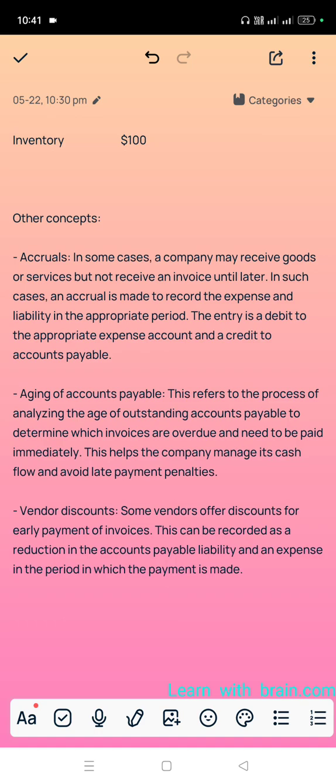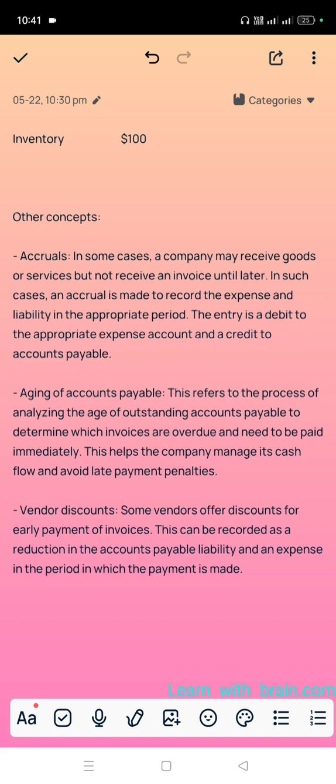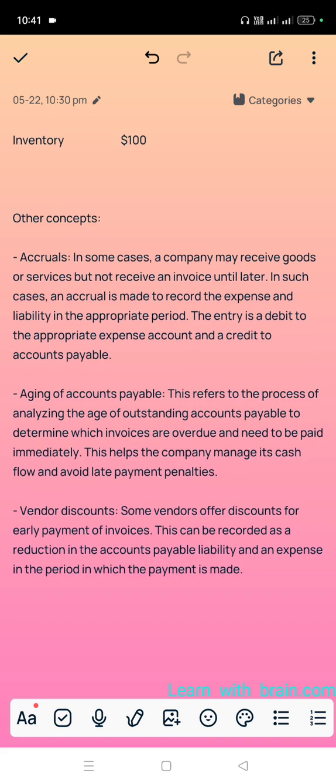We know that concept. We have to account for aging of accounts payable, because as per the aging schedule, some amounts we have to pay within 30 days as per credit policy. If we do not pay within 30 days, then we have to account for it to manage cash flow and avoid late payment penalties.